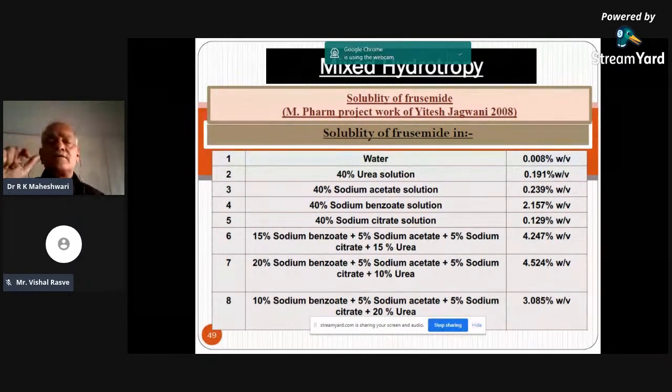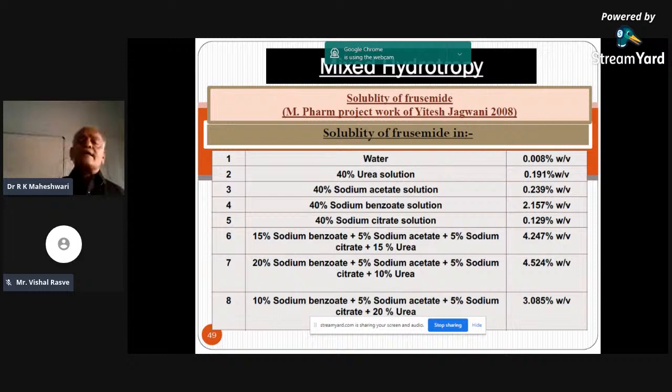I started mixed hydrotropic solubilization, and it is also quite a good concept. By mixing several, meaning more than one, hydrotropic agents into a concentrated solution, you can enhance the solubility of poorly water soluble drugs. Sometimes you get an additive solvent character, sometimes a synergistic solvent action.